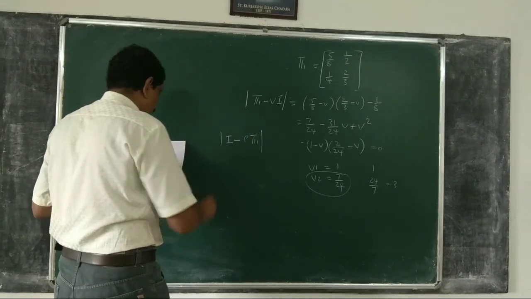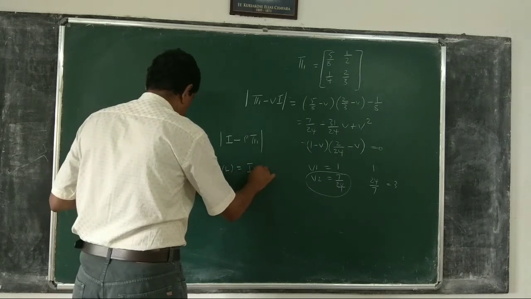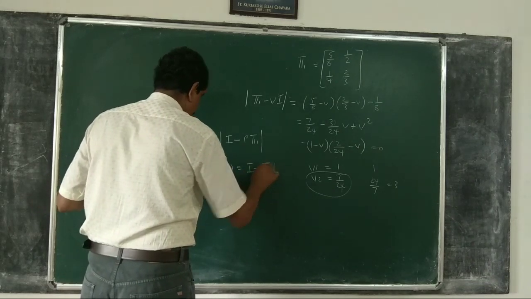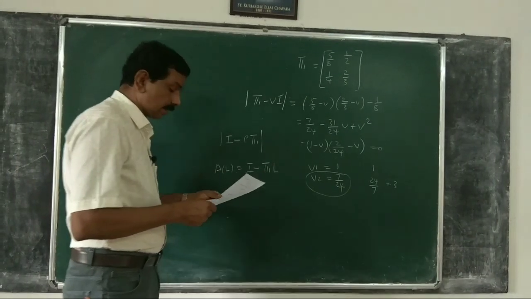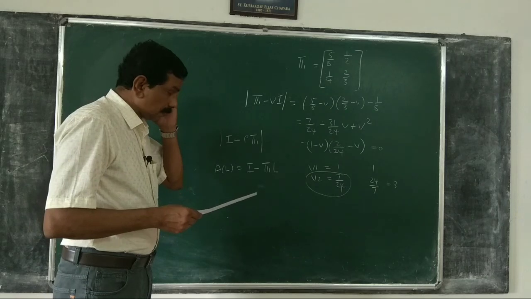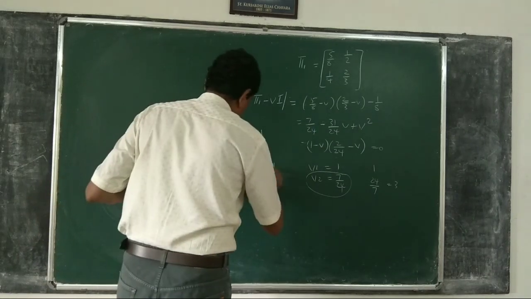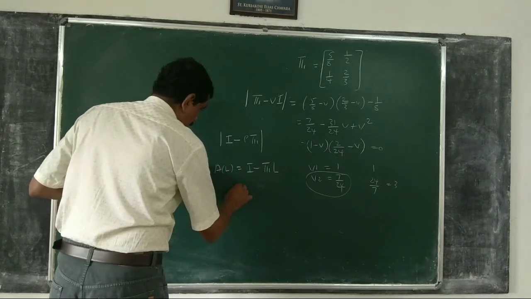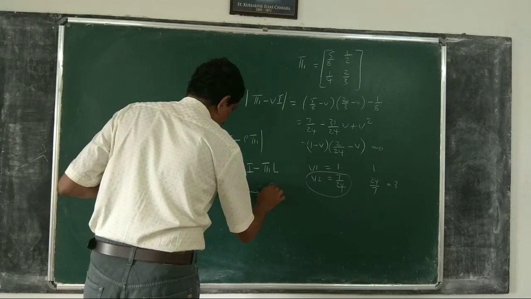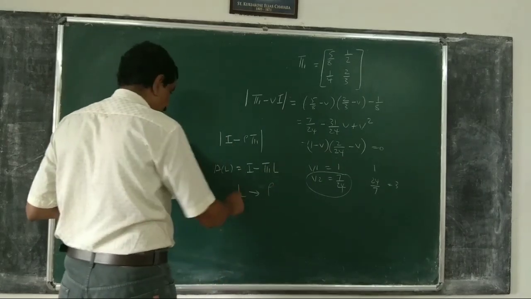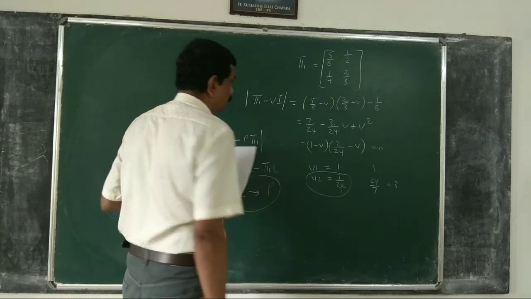Now you compare this with A(L) equal to I minus pi 1 L. The reverse characteristic polynomial is just the determinant of I minus pi 1 L, where L takes the place of the artificial variable rho.